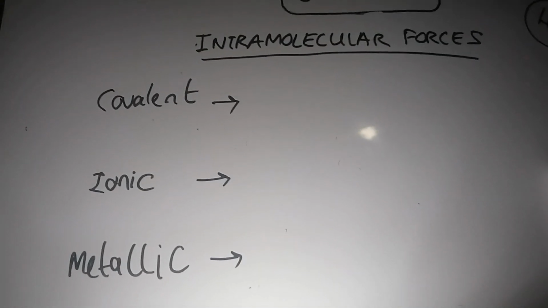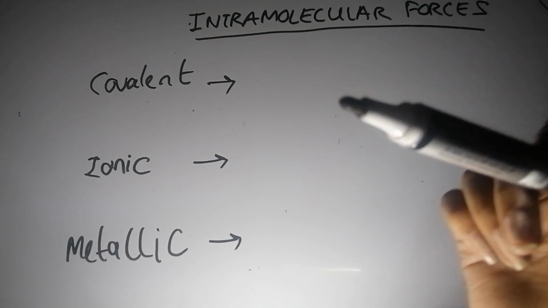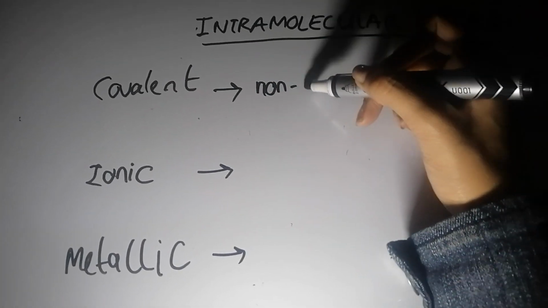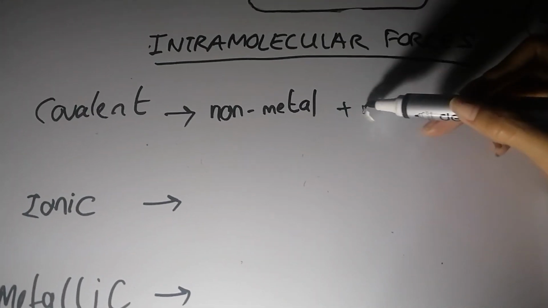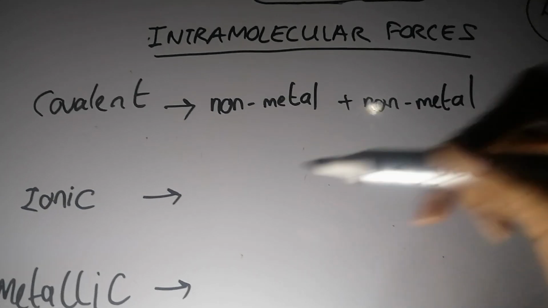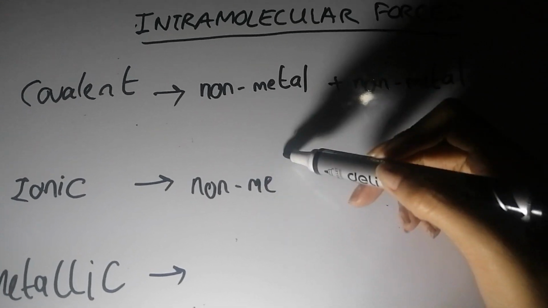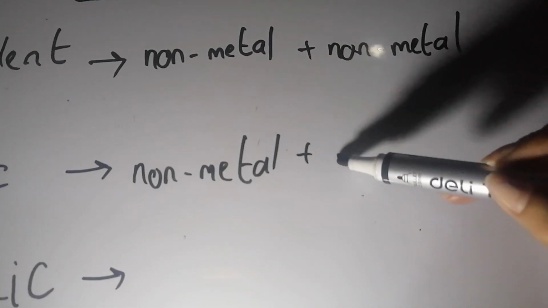Okay, so the three intramolecular forces that we deal with are covalent, ionic, and metallic. Covalent is between a nonmetal and another nonmetal. Ionic is between a nonmetal and a metal.